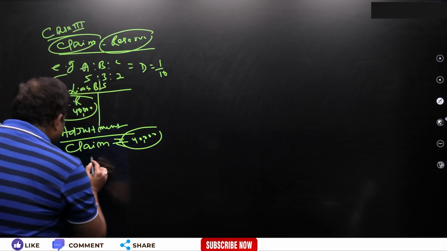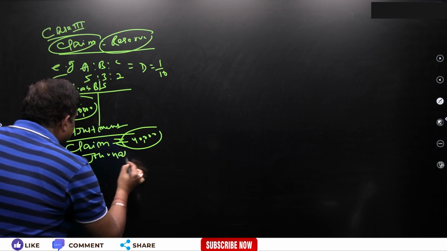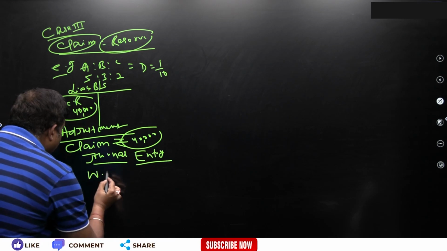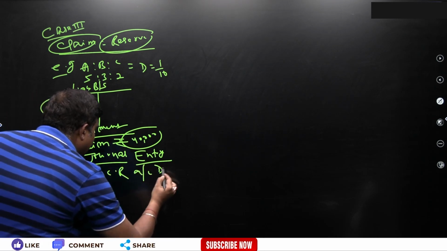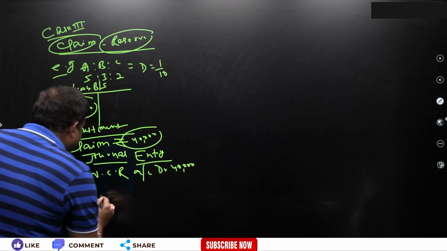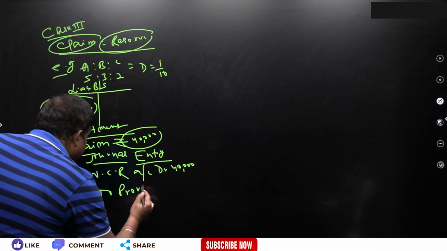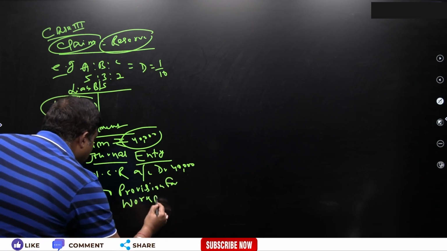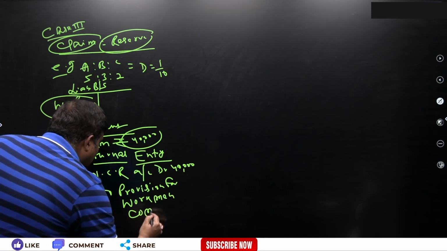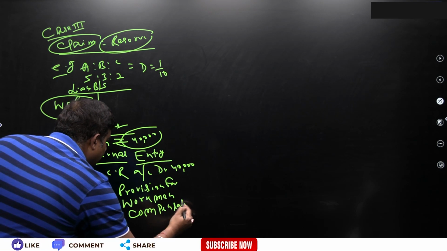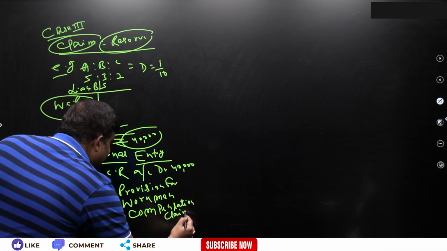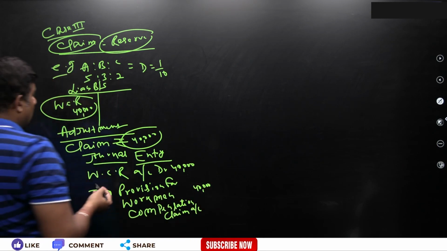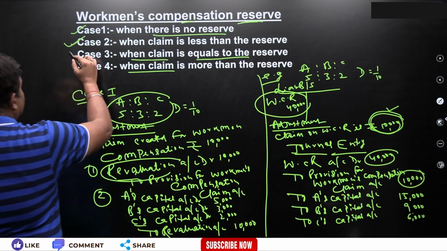So the journal entry should be workmen compensation reserve account debit 40,000 to provision for workmen compensation claim account with the same value. Okay, so now we have already covered case 3 also.